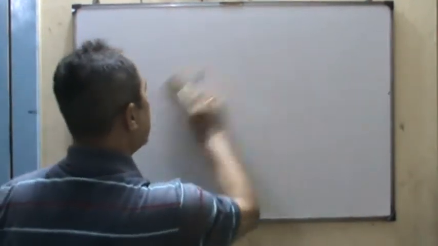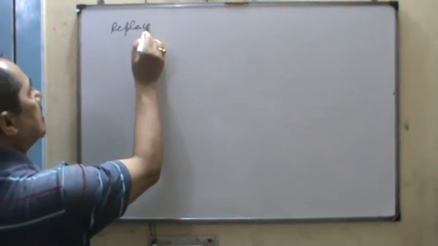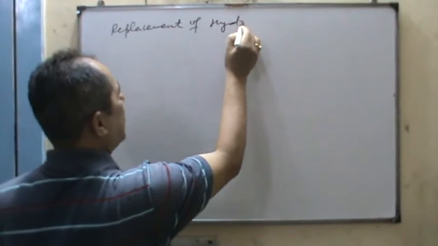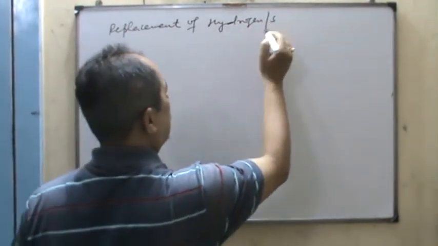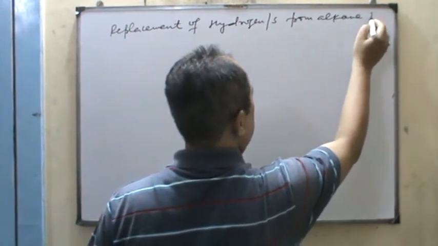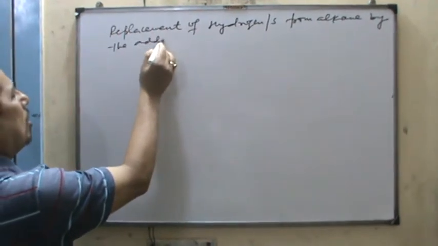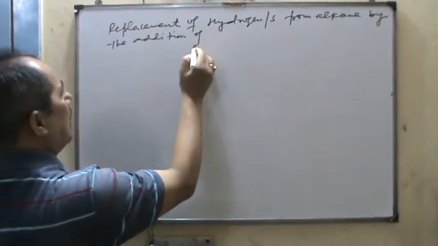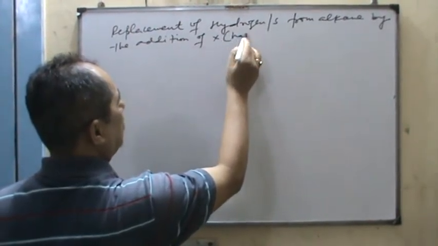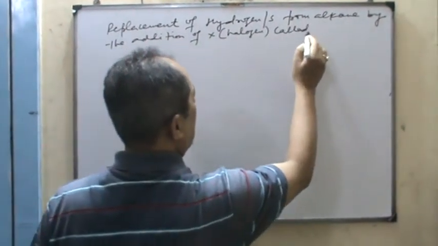Haloalkane means replacement of hydrogen or hydrogens from alkane by the addition of halogens. X stands for halogen, called haloalkane.